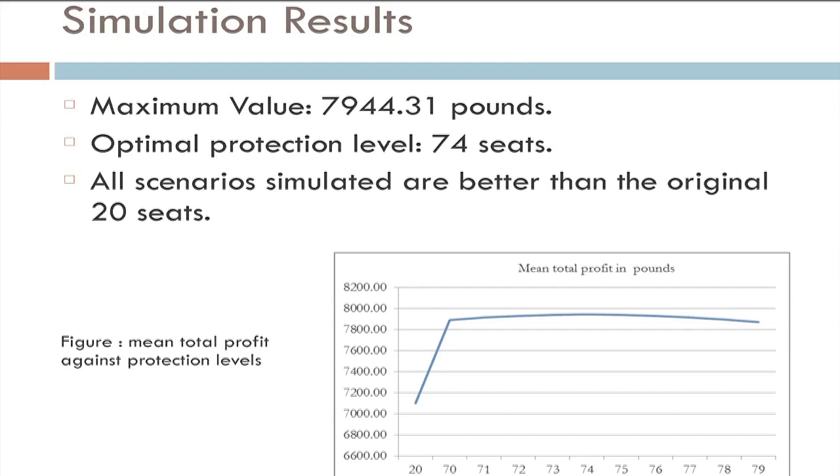All the scenarios simulated are better than the original 20 seats. From this graph here we can see that from 70, there is a big increase in the total profits compared with the original protection level.